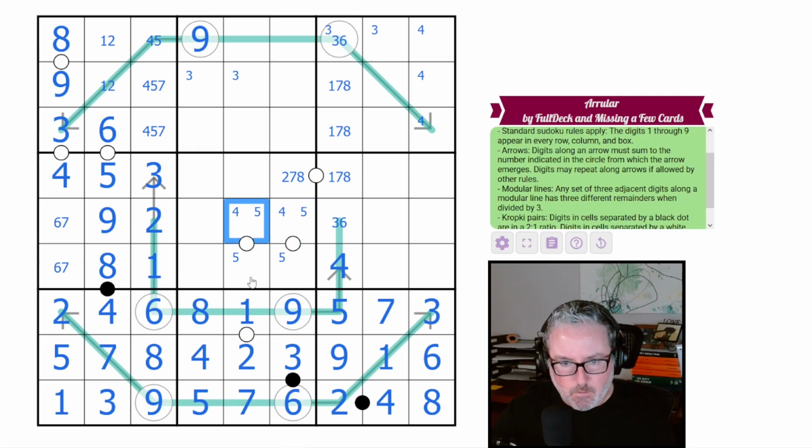If this is a 4, well, that doesn't work, does it? Because we just said if this was a 4, well, it could just go with the 5. It wouldn't be able to go with a 3, is, I guess, the point of what I'm trying to make here. Because if it was a 4 with a 3, that pushes a 5 over here, but we can't use the 4 or the 6 with it.